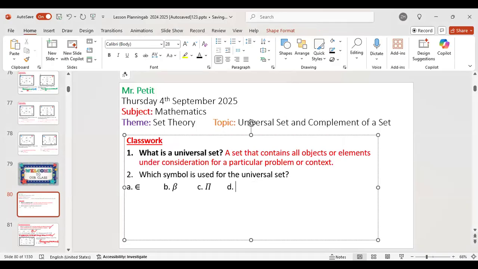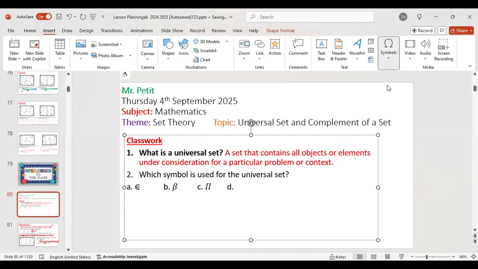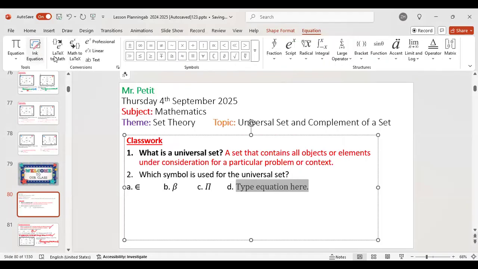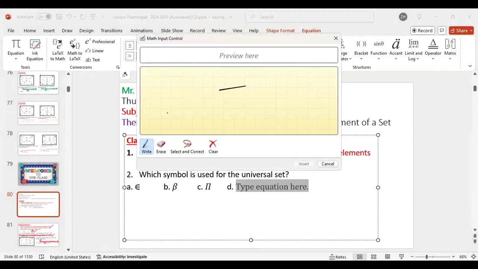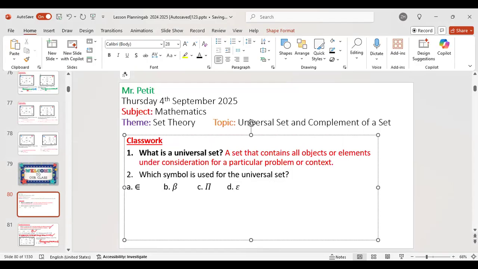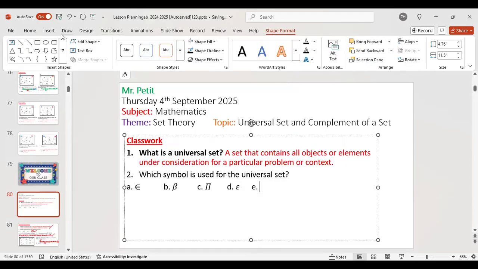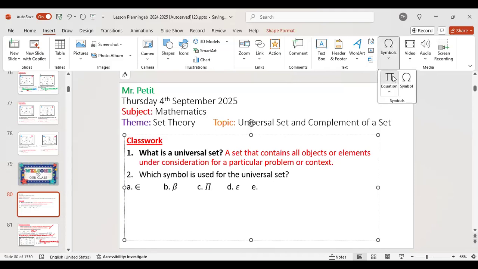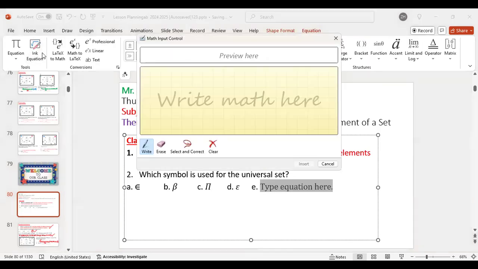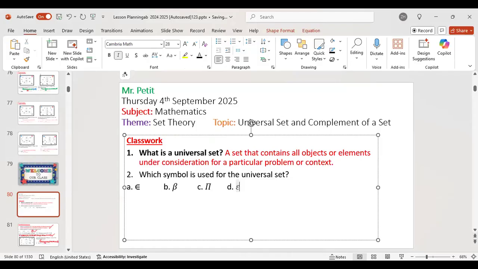And D is going to be the symbol. Let's just leave it at that. Okay, so those are the options.